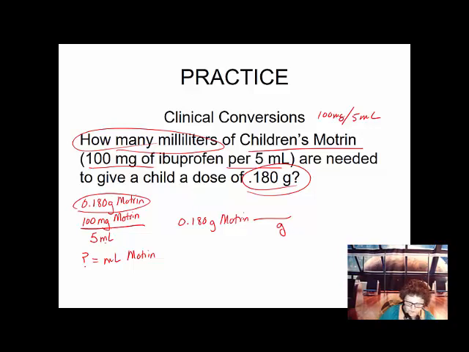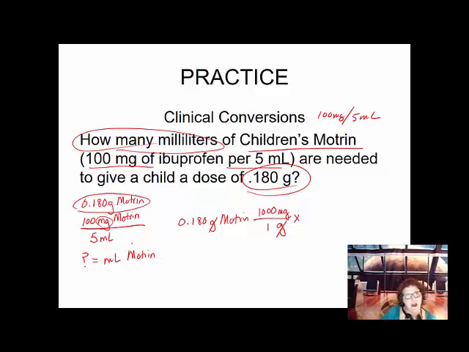I've got to get grams to milligrams. So 1 gram is the same as how many milligrams? 1,000. Milli is 1,000, so there's 1,000 of the little ones to make the one big one. That gets rid of grams and gets me to milligrams. Milligrams is good.